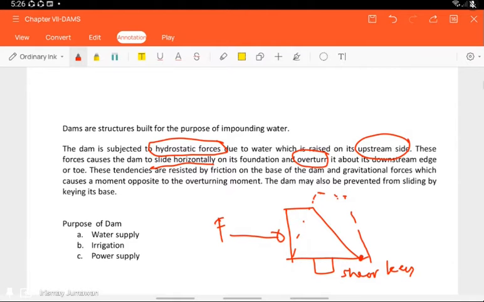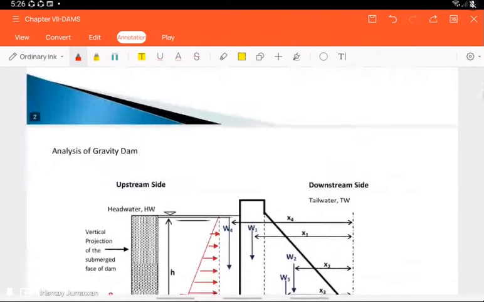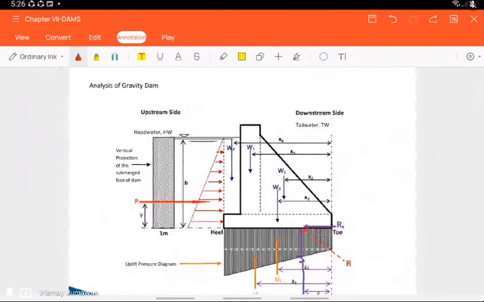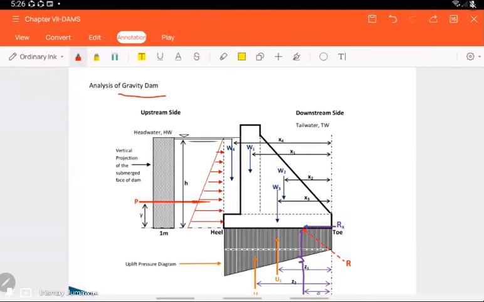Okay, so what are the forces? You have these forces. So the upstream side, this is an example of forces acting on a gravity dam. So when you say gravity dam, this is constructed using concrete, using stone masonry, just to hold back the water.